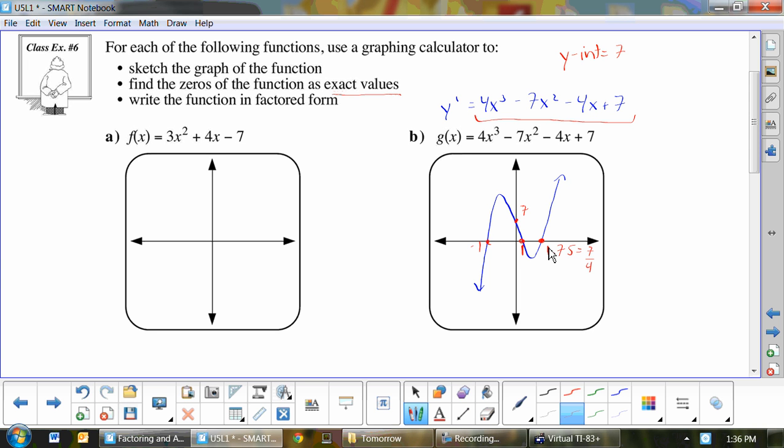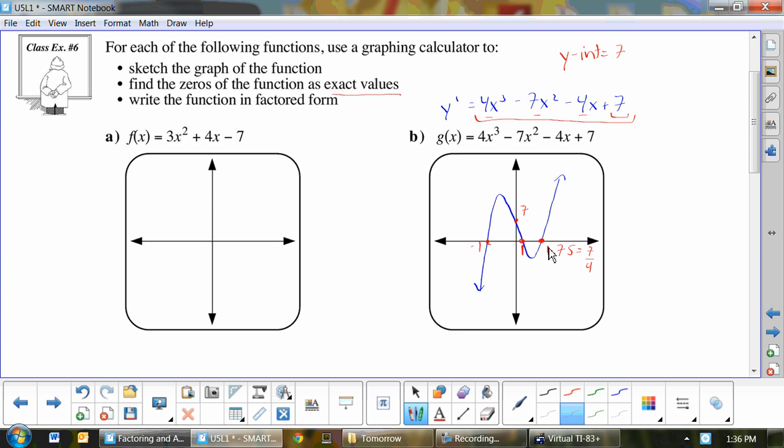The y-intercept is 7, and we know this because if the x's were zeros, this would cancel out, this would cancel out, this would cancel out, and would leave us just 7. Pretty much. We'll learn to do more with them later. You have to know how to do it both algebraically and graphically.